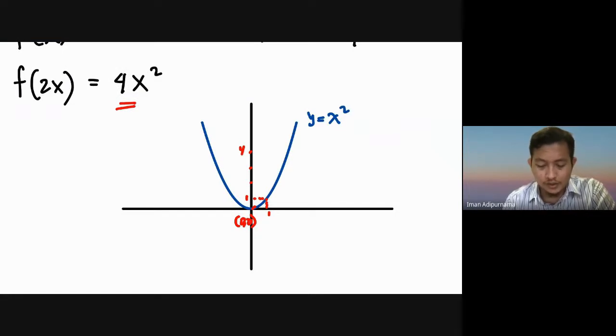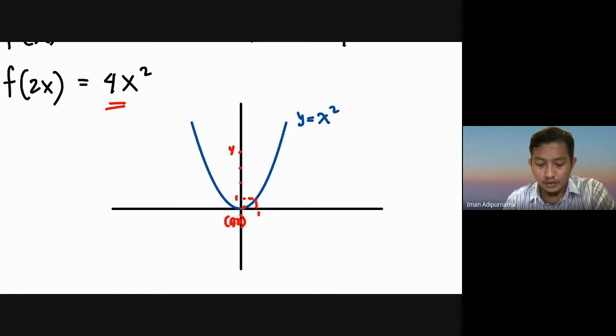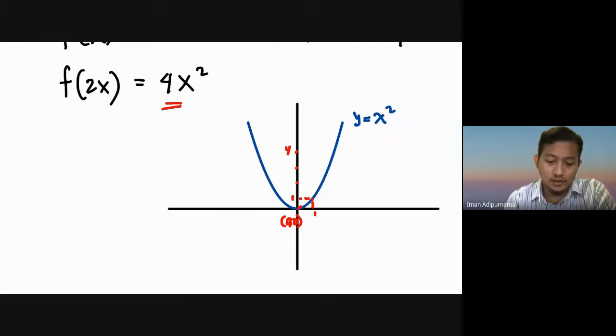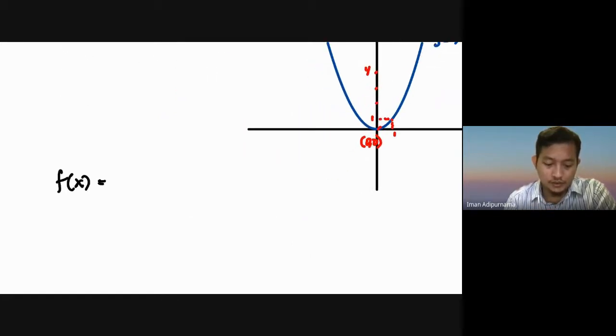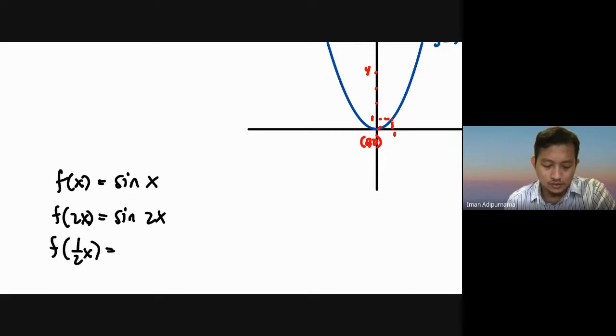And I think it's better to have functions from the, oh, maybe you can try by yourself if you want. Try it from sine x and try this one and try this one.